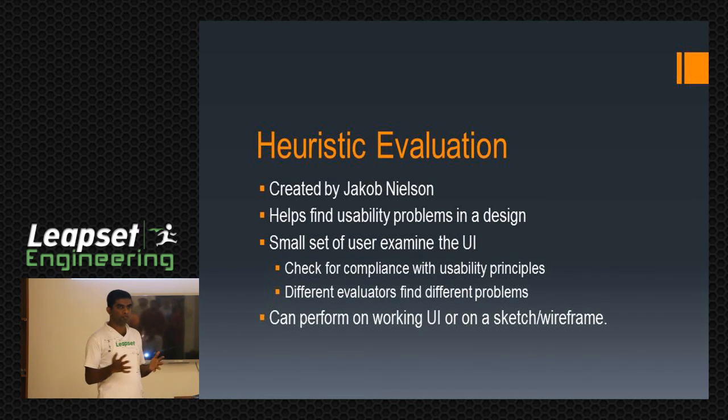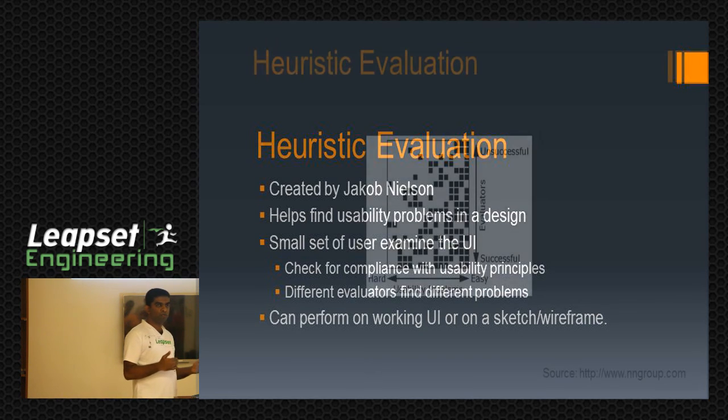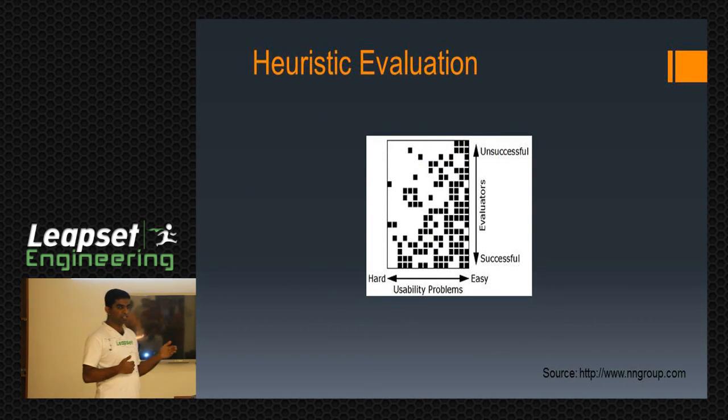You get a small set of people, maybe from your team or from a completely different domain, and let them use the software and get their feedback. You first let them know these 10 principles. It's better if you print the 10 principles and give them to them, to evaluate your software against them. After the evaluation, you get their feedback and find your issues.